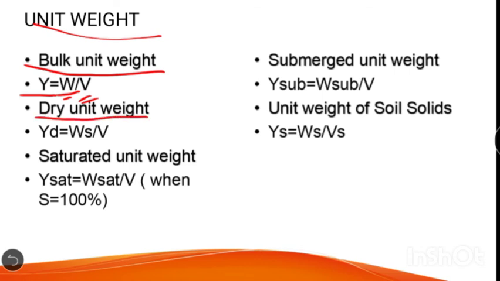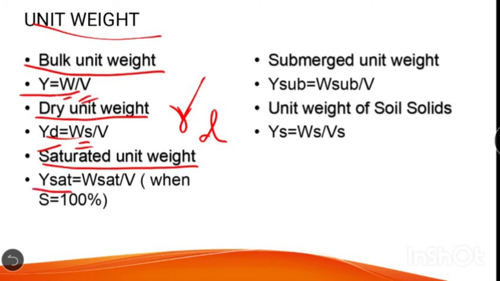Then the dry unit weight. The second is dry unit weight. D for dry, that's why we write it as gamma D. Gamma D means dry unit weight. When it is dry, there is no water actually. So weight of solid to the total volume is known as the dry unit weight. Then coming to the next, saturated unit weight, which is denoted by gamma sat.